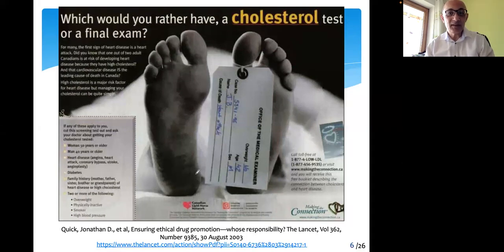So there is a problem, of course, isn't it? When you see this, every adult, or even children, maybe they will request, hey, I have seen in a billboard ad, we should check our cholesterol, so please, my GP, my doctor, order a test for me. And that would lead to harms, isn't it?